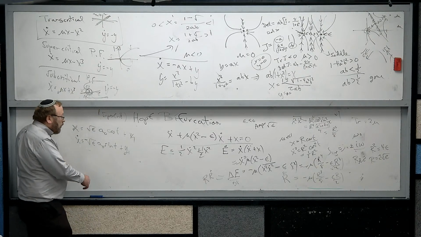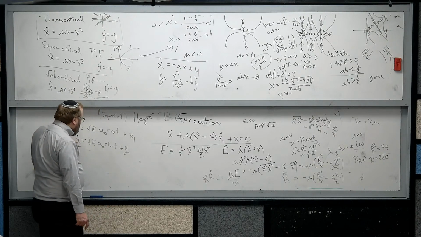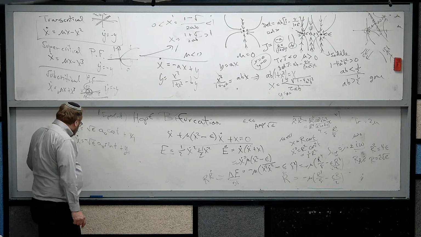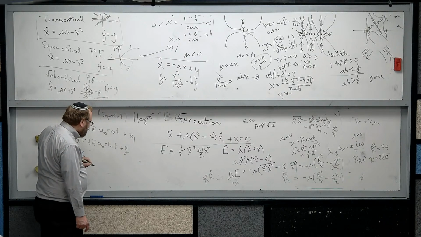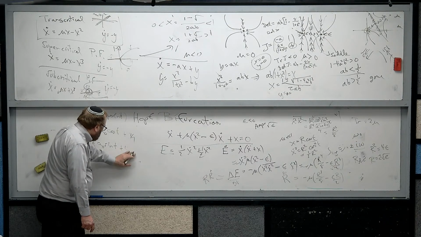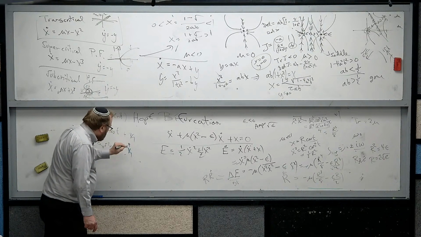All right. So we have x1 double dot plus x1 plus x1 dot. That's what it is right there.